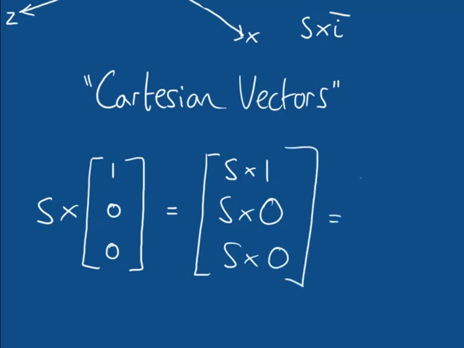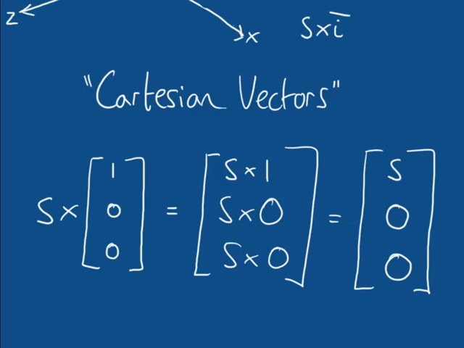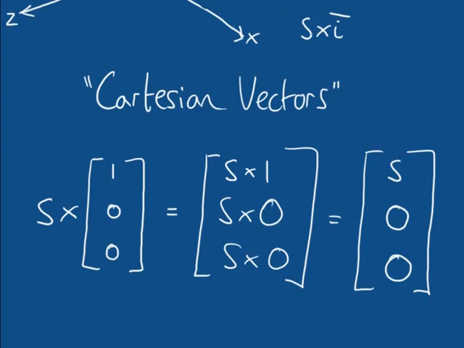Which hopefully we can see that s times 1 is just s, s times 0 is 0, and s times 0 is 0.